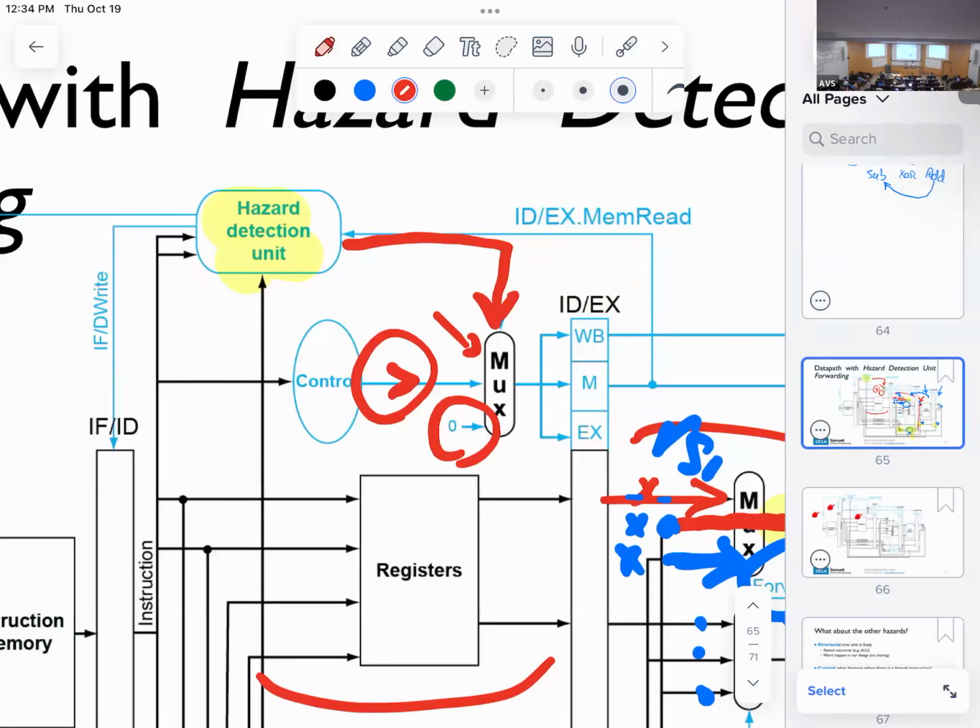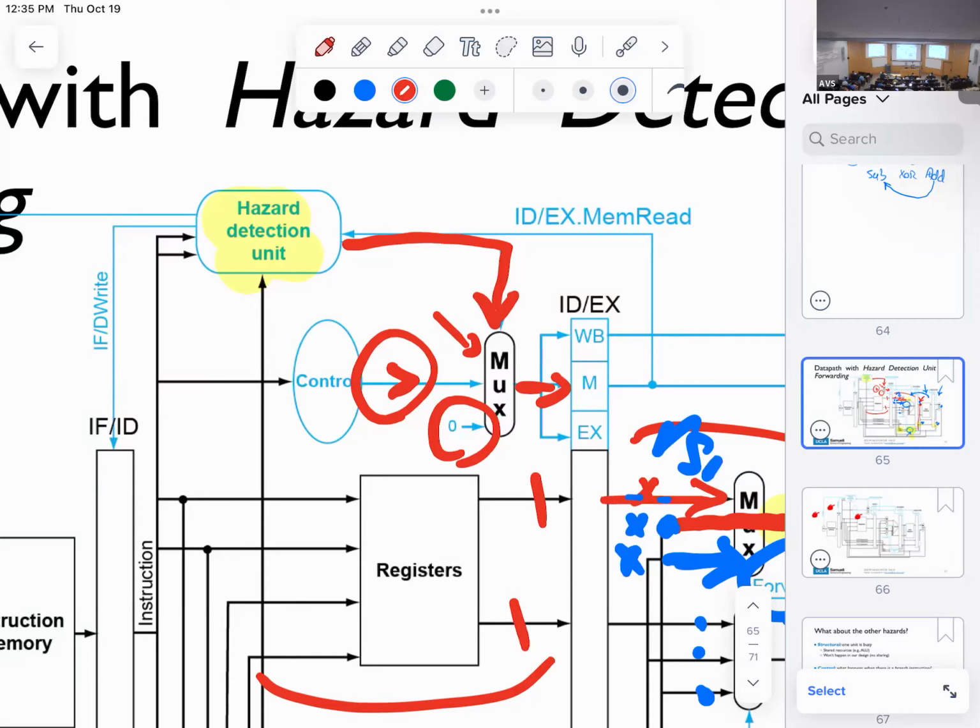So essentially, in order to insert a bubble, all I need to do is replace the actual control signals with zeros, and then feed that into my pipeline register. So what will happen is that this all-0 set of control signals will move forward. I don't need to change these other data values. I don't need to go and replace everything with 0. All I need to do is replace my control signal with 0.